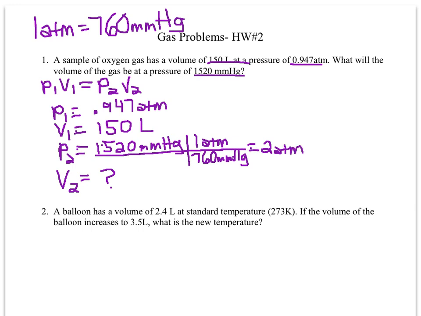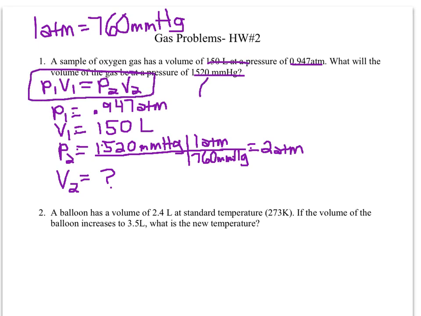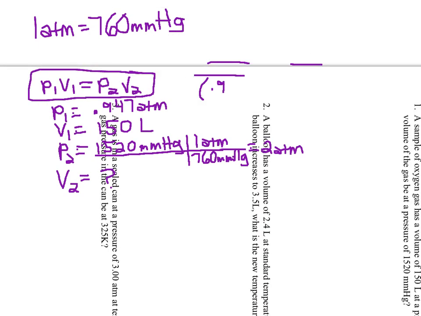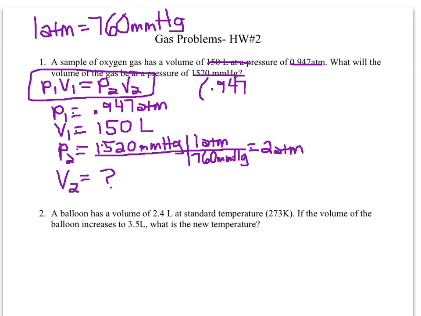Okay, now we're ready to plug our numbers into Boyle's law formula, which was right here. So our first pressure is 0.947 atmospheres. And for some reason, the paper just flipped over. There we go. 0.947 atmospheres, and we're going to multiply that by 150 liters.